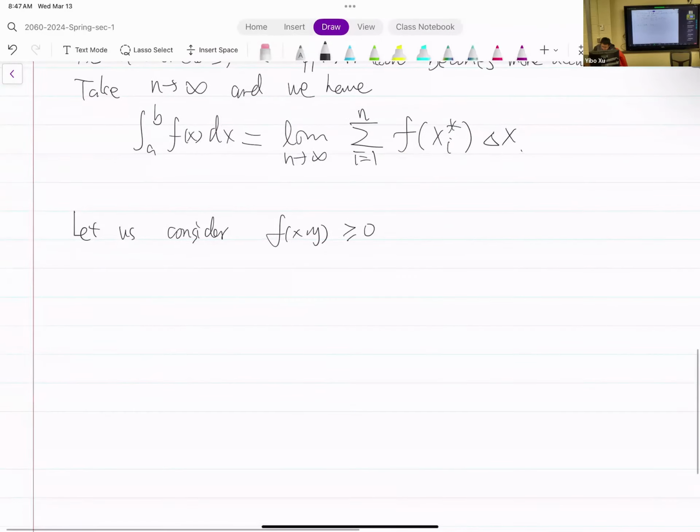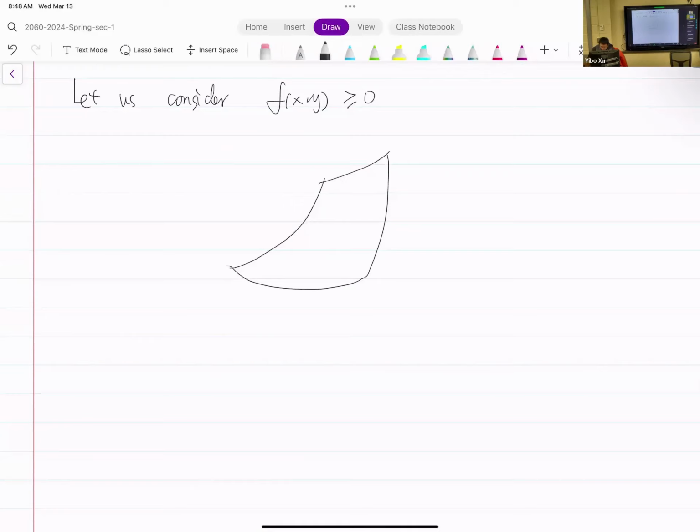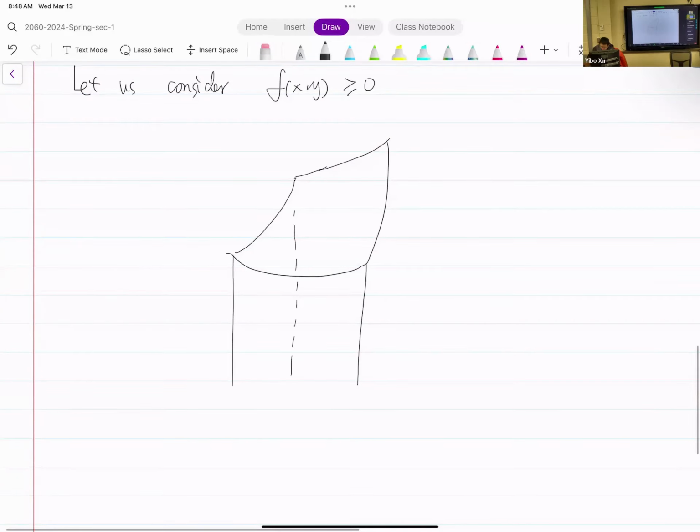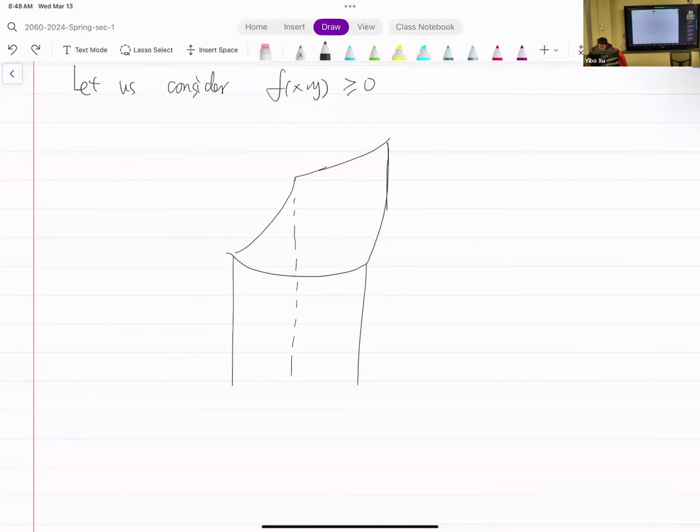Actually, it's going to be a curvy surface that's defined on a rectangle. So the surface is on the top, and then we're defining it on the rectangle. So we just have something like this.